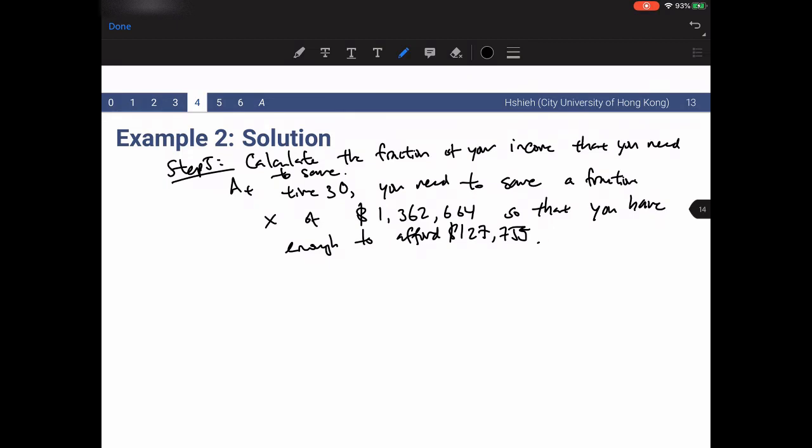All right, and we can derive this by writing 1,362,664x equal to 127,755, and then solving for x, which gives us 9.38%. So in short, you save 9.38% of your salary every year, and then you will be able to achieve your objective of retirement, right? Which is paying yourself $50K in real terms from age 65 until you pass away at age 90.